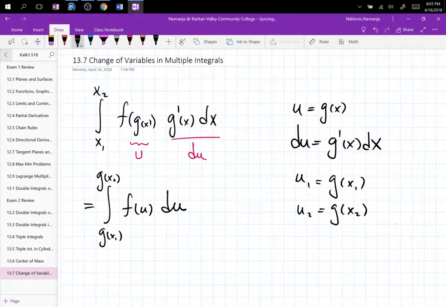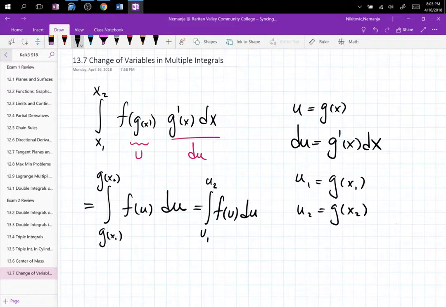Now, the top and the bottom limits are actually from u1 to u2. So the whole thing is the new integral from u1 to u2 of f of u du. This is Calc 1.